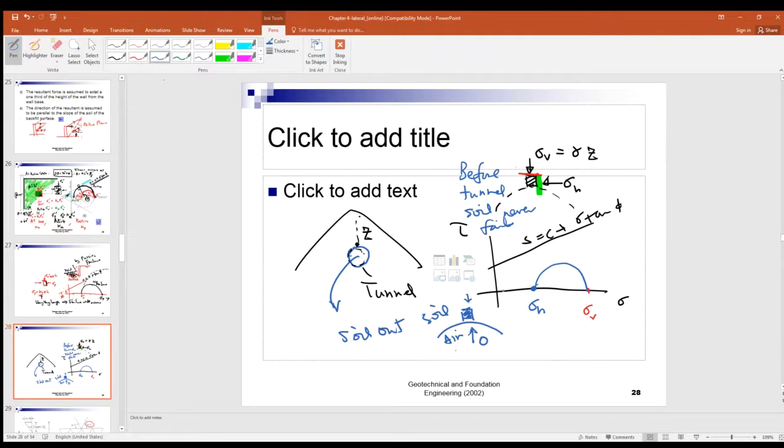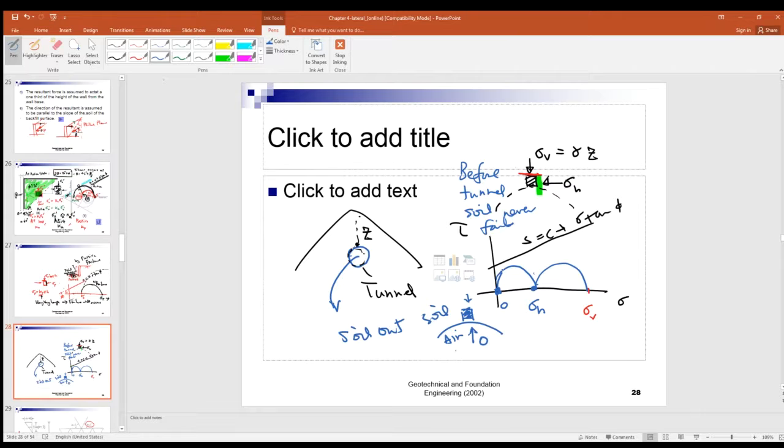What will happen? So it comes to this point, right? 0, right? Okay. And the horizontal with that, we draw a Mohr circle, right?